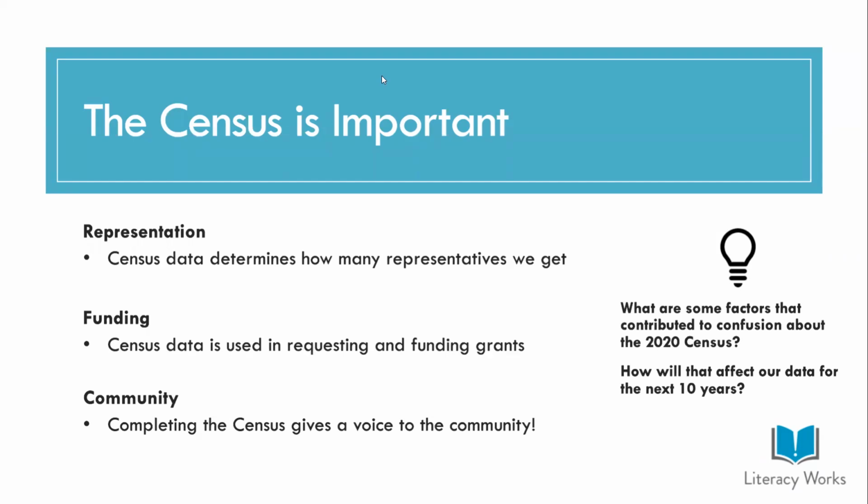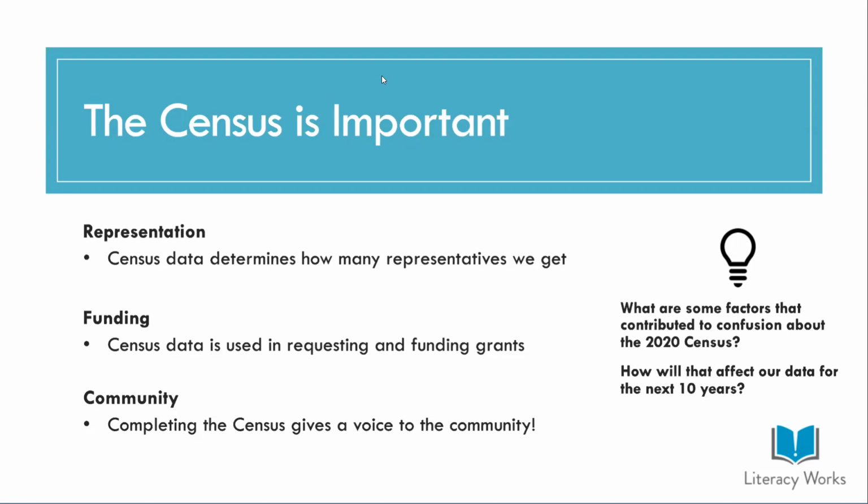And anytime that we don't complete the census, or whole neighborhoods turn out very low numbers, like there were several examples within Chicago of neighborhoods that just didn't complete the census, the data showed that there were very few people living there. So resources were cut, representatives were cut. All of these things were cut because on paper, there were no people in the neighborhood, but in real life, there were a lot of people.